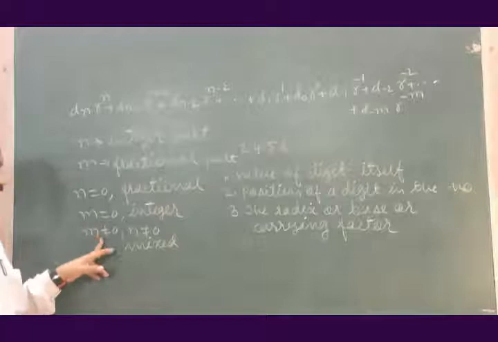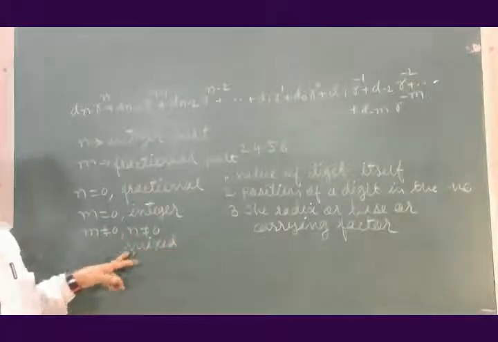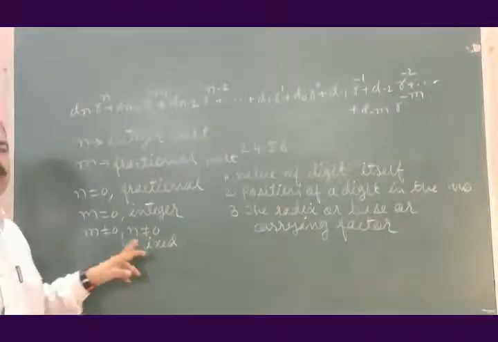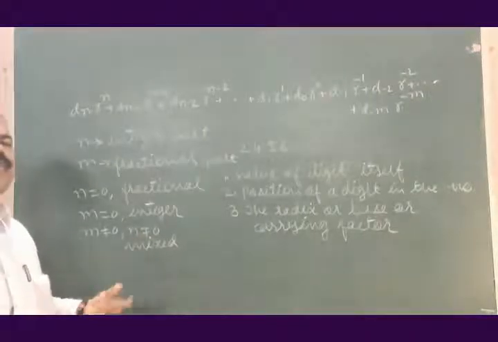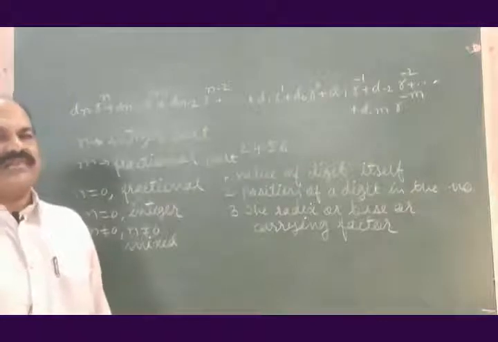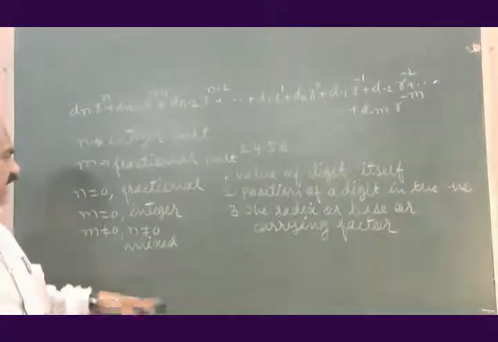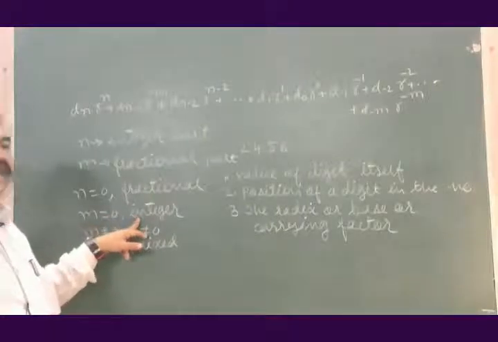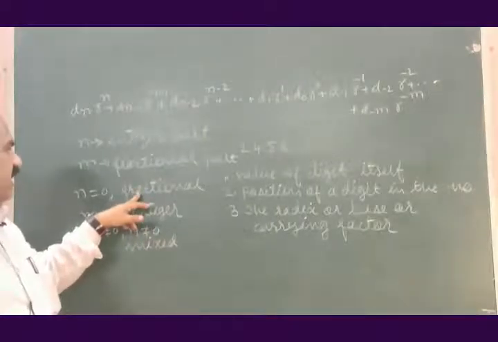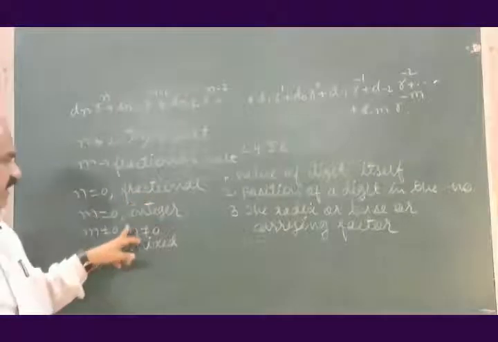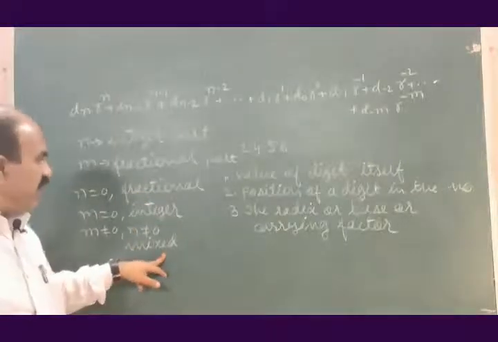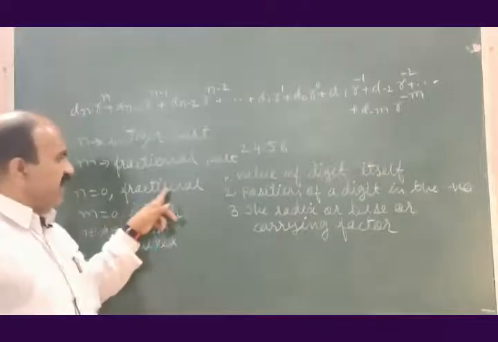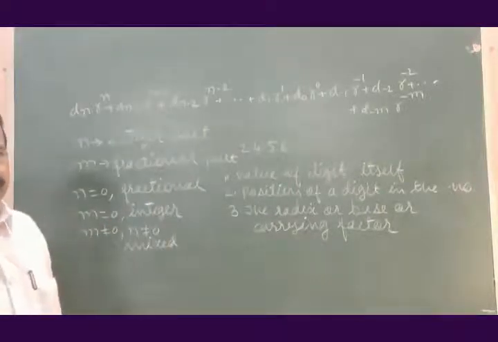If m is not 0 and n is not 0, m may have some value and n may have some value. In that case, the decimal number will be a mixed number. A mixed decimal number will have an integer or integral part as well as a fractional part.